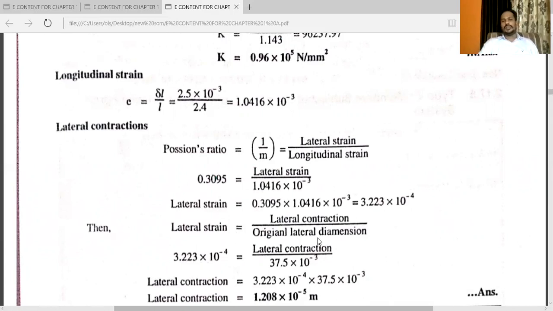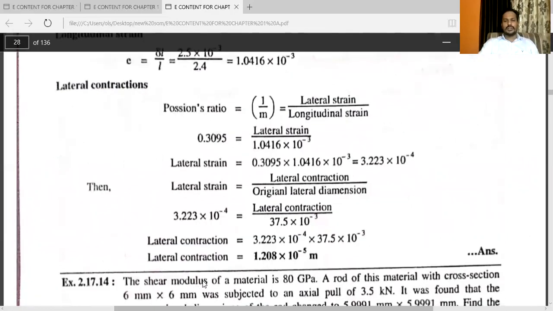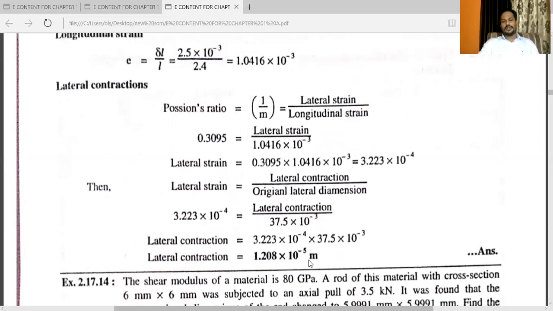And we have the original lateral dimension, that is 37.5 into 10 raised to minus 3. We have taken this value in meter. So you will get the lateral contraction, that is 1.208 into 10 raised to minus 4. That is the value of lateral contraction.